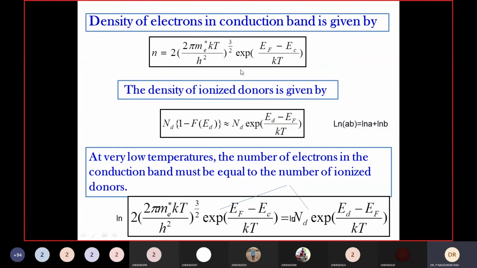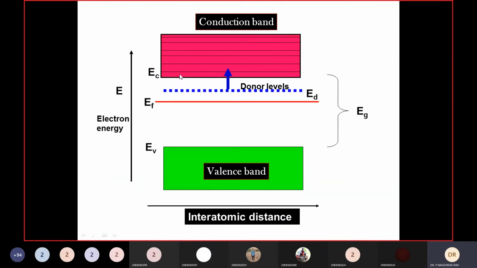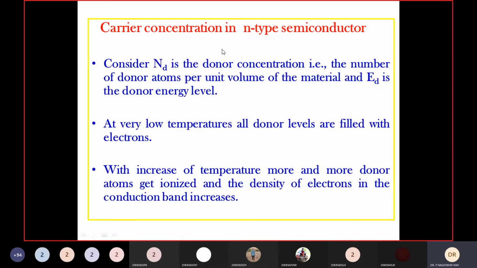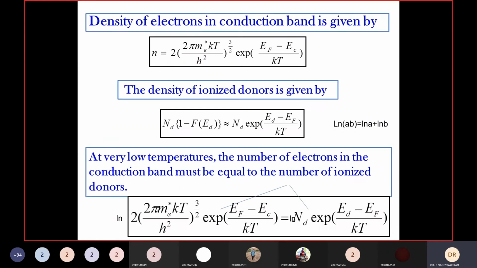This is for the intrinsic semiconductor, the total density of electrons present in the conduction band.